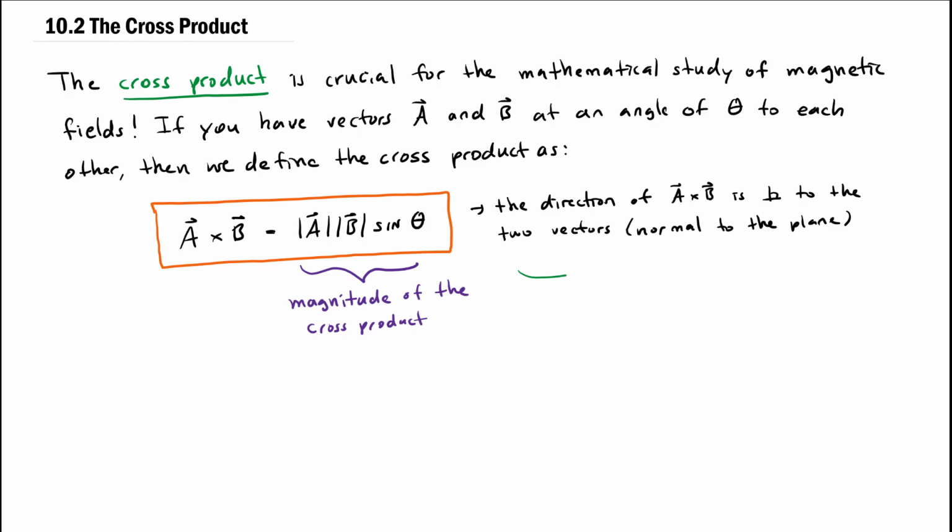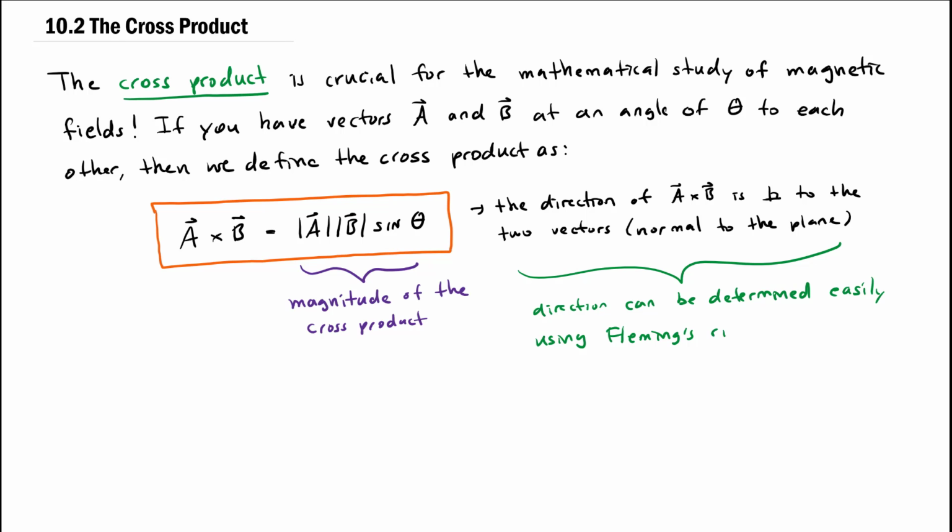and this over here basically tells us that the direction can be determined very easily if we stick to certain rules. And those rules are called Fleming's right-hand and left-hand rules. So I want to say direction can be determined easily using Fleming's right or left-hand rules.